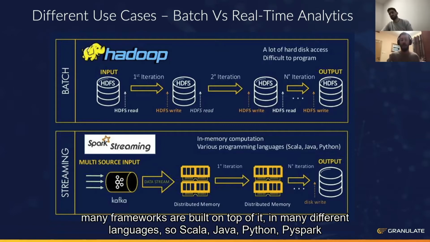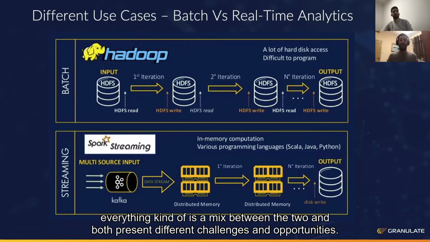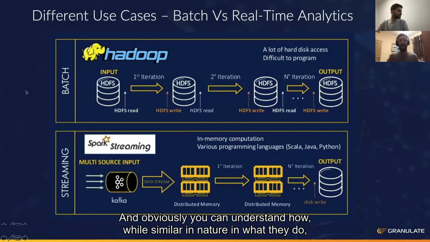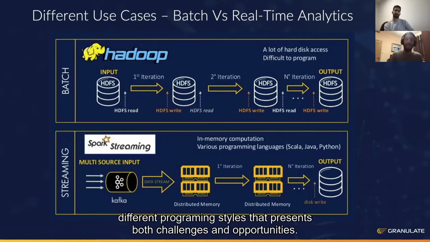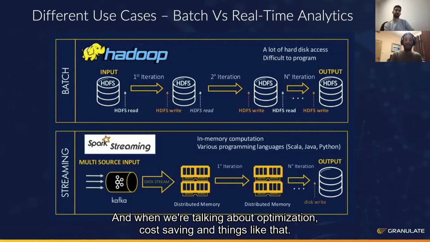And many frameworks were built on top of it, in many different languages. So Scala, Java, Python, PySpark, everything is kind of a mix between the two, and both present different challenges and opportunities. And obviously you can understand how, while similar in nature in what they do, they do require different resource utilization patterns, different capacities, different programming styles that present both challenges and opportunities when we're talking about optimization, cost saving, and things like that.